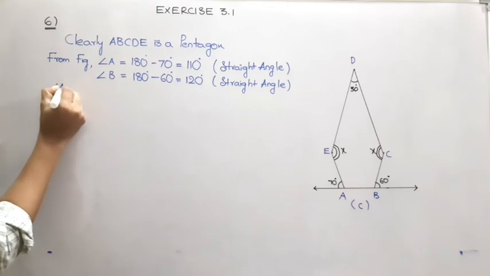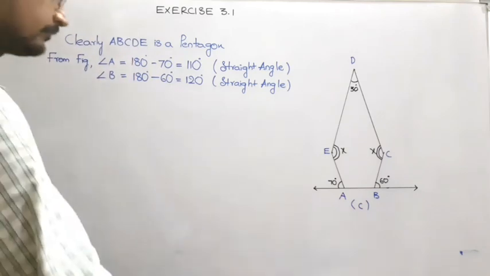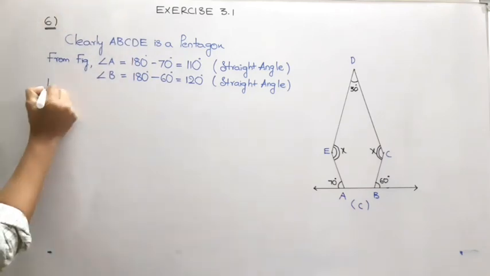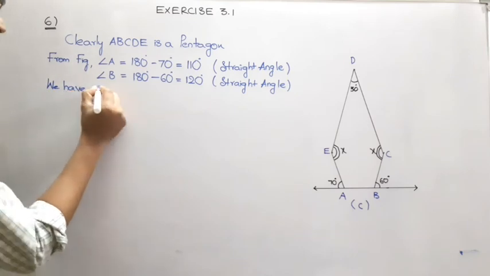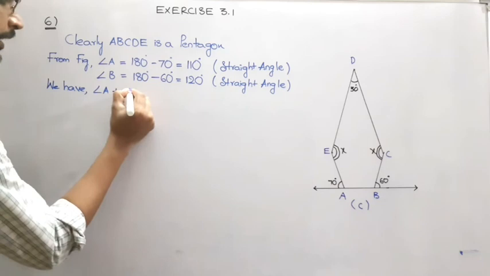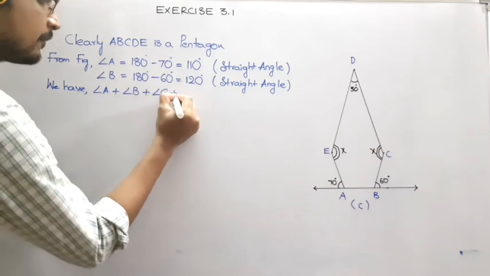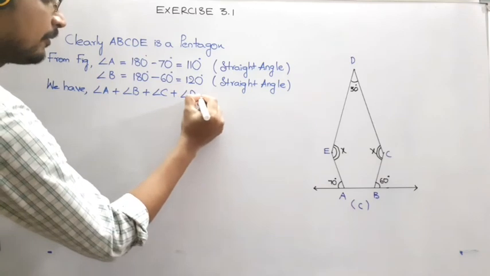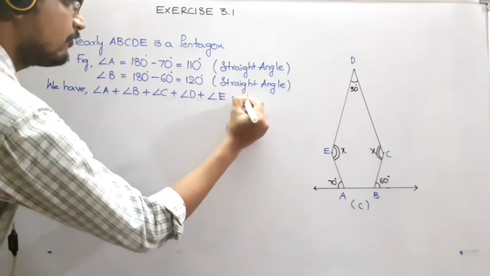Let us write it like this. Angle A plus angle B plus angle C plus angle D plus angle E is equal to 540 degrees.